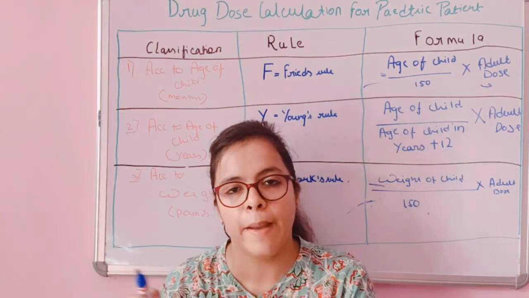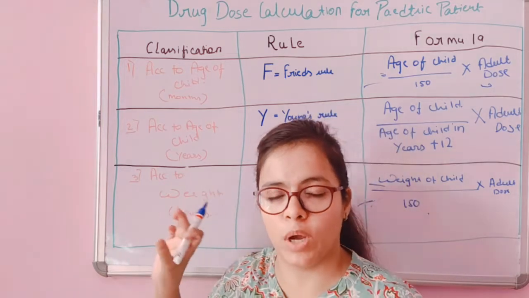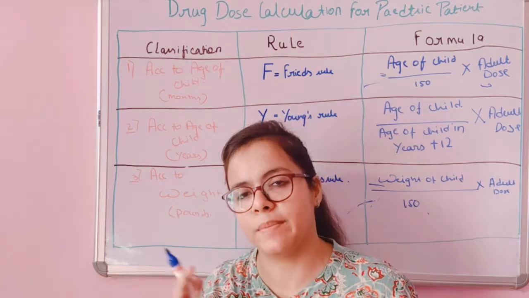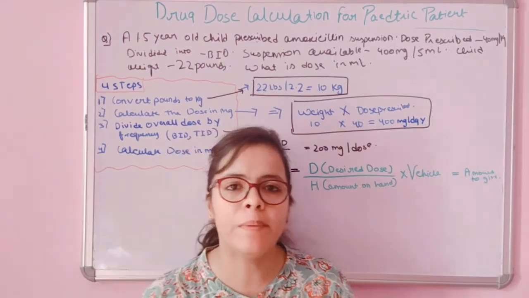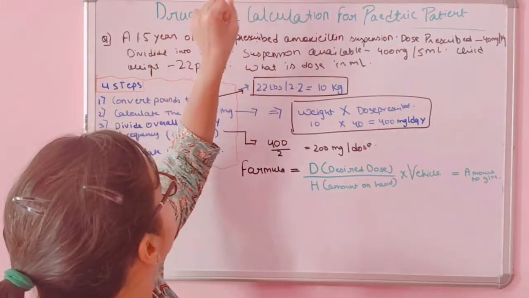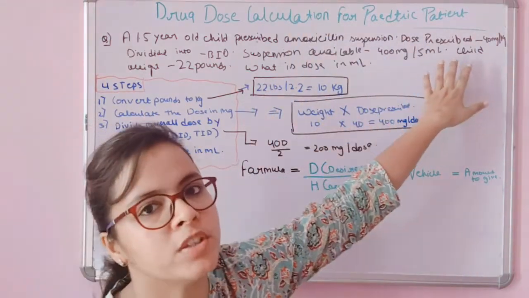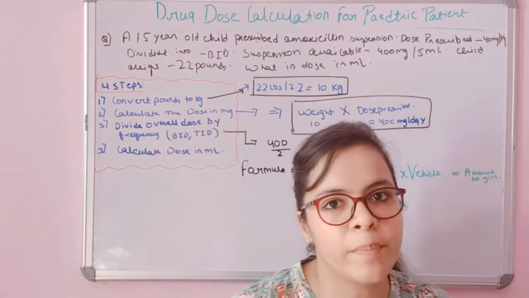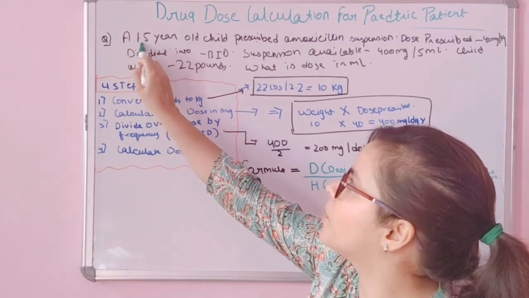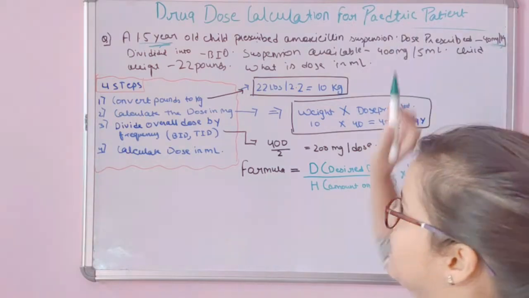With this, now I will solve one question in front of you which will tell you how to calculate how much ml is to be given. So if you have a patient of 1.5 years of age in your clinic and the dose to be prescribed is 40 mg per kg, the question says there is a child of 1.5 years and the dose to be prescribed is 40 mg per kg.